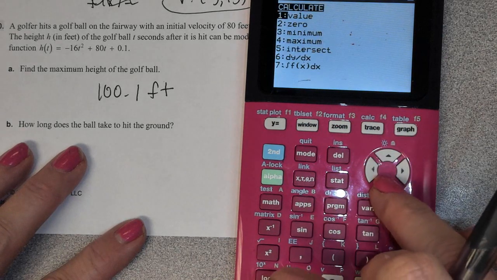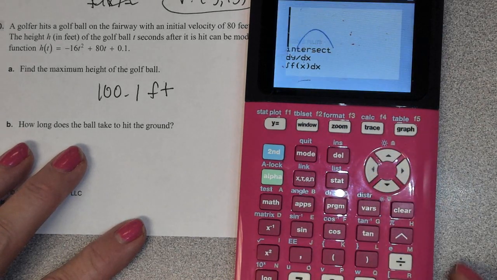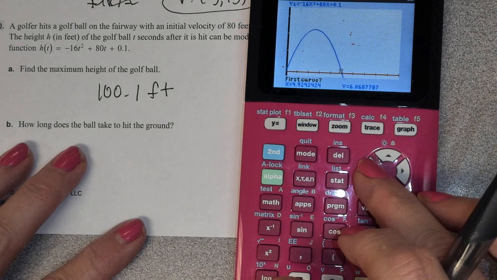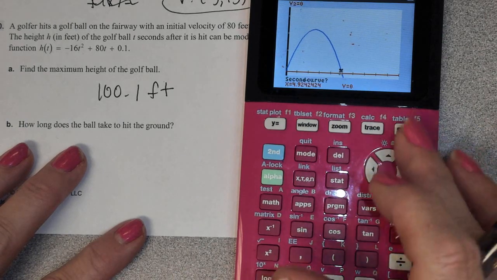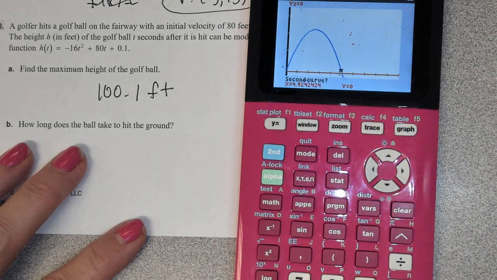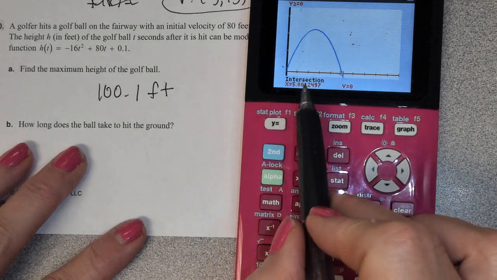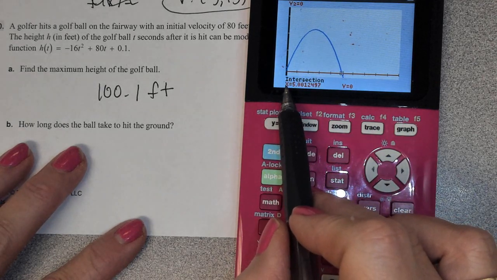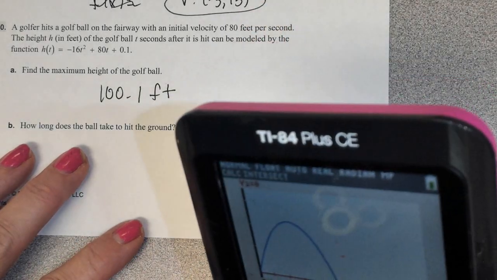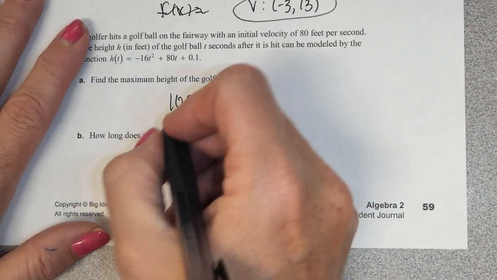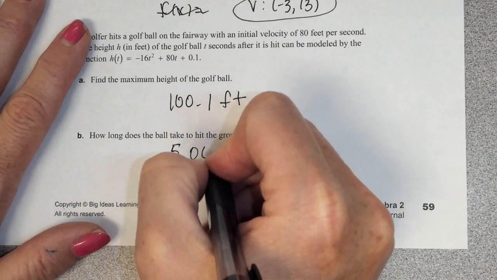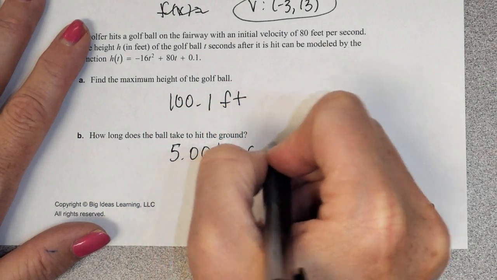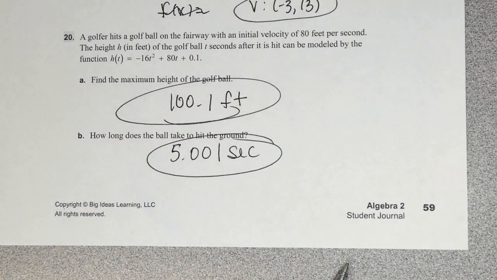Second trace, find that point of intersection. It says, is that your first curve? Enter to say yes. Is this your second? Enter to say yes. Enter one more time. This is my t, this is my time. So at 5.001 seconds, we'll round to the nearest 3 decimal places. That's how long it's going to take.